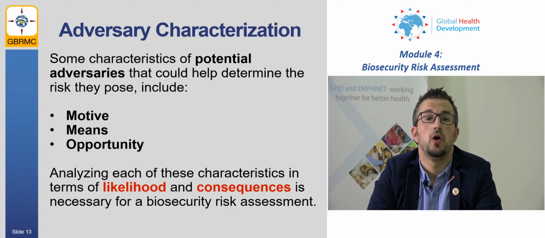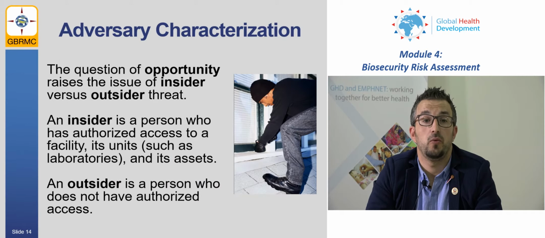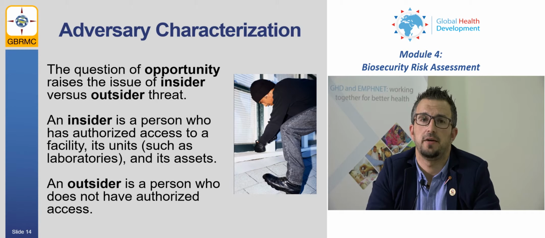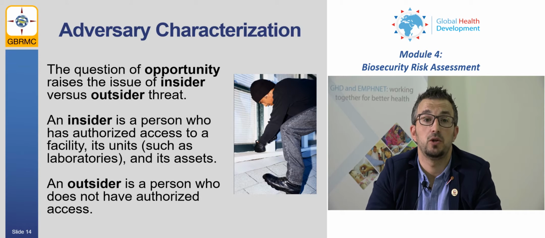And also the means: we talk about how they will attack this institution. They will attack it from outside or inside, and sometimes they will use other methods to attack the institution. And this is very important when we talk about physical security, how to prevent the outsider from coming inside our institution.